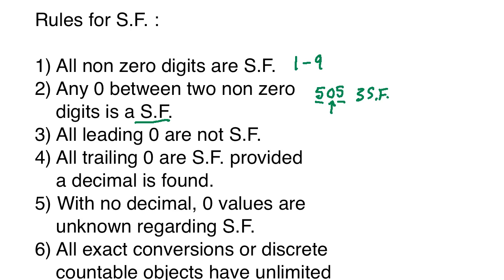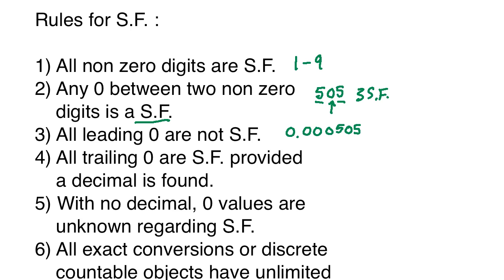Now, leading zeros are never considered significant. That is rule number 3. So what do we mean by leading? We mean any zeros that come before your first non-zero digit. So let's say that I've got something like this, 505 right here. All right. So now the question is, what about all these other zeros?